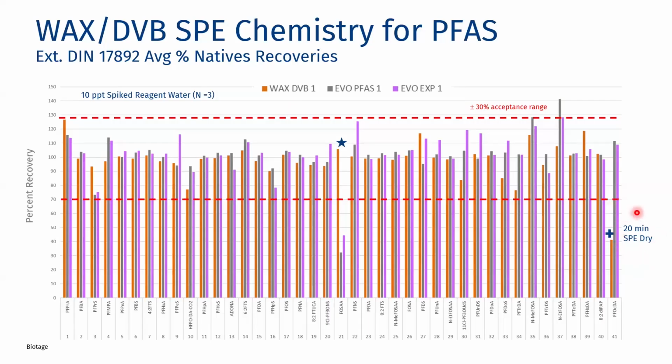If you remember earlier, in the slides, the DIN method, we actually added a 20-minute dry of our SPE sorbent. That's because the wax DVB has more sorbent in it, so it actually retains more water. So you have to really dry that SPE media out, and that required us to increase that dry time to 20 minutes. And then we were able to get these recoveries improved.